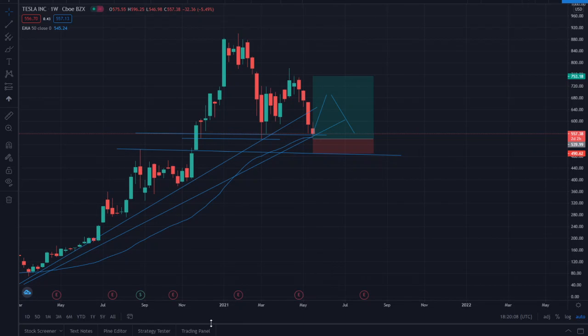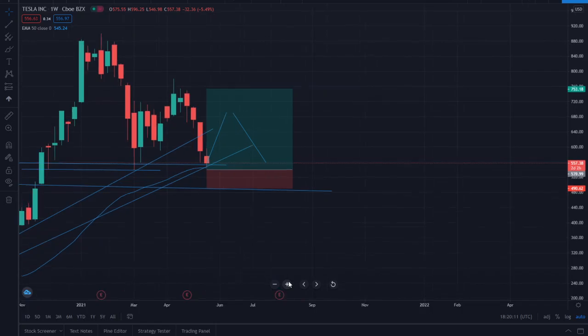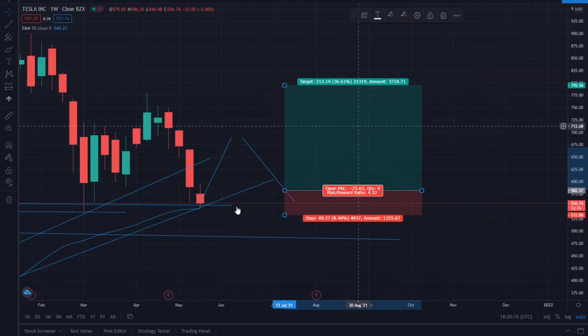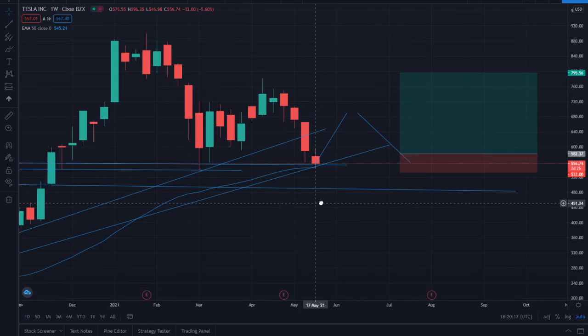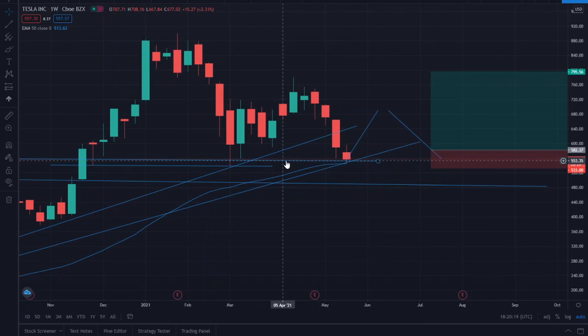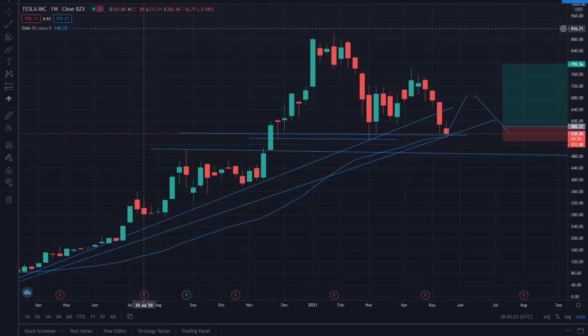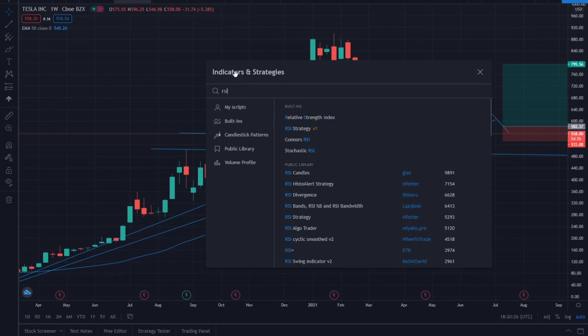So, as you can see, we are exactly at the 50 weekly EMA on the weekly chart. And let's add some indicators.